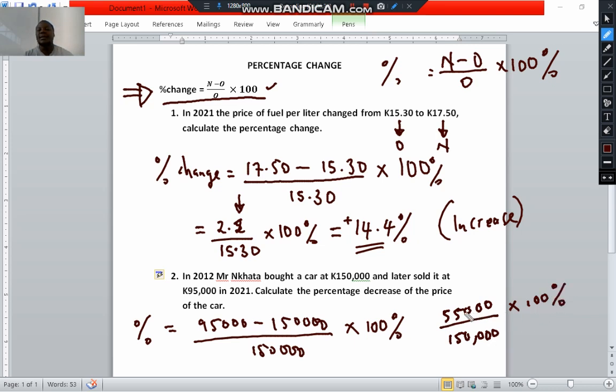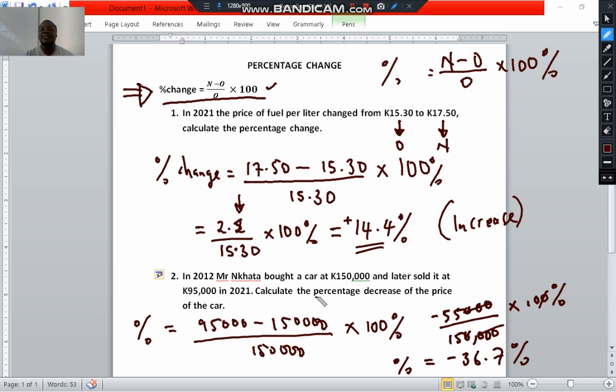If we do our mathematics well, you will notice this comes to a percentage change of negative 36.7%. We are getting a negative because we are taking away a bigger number from a smaller number, 95,000. So it means there is a percentage decrease.